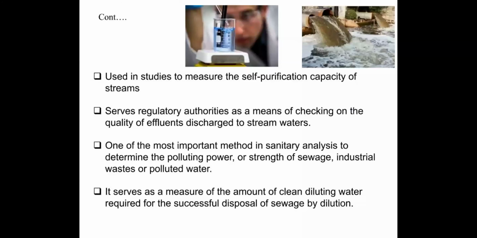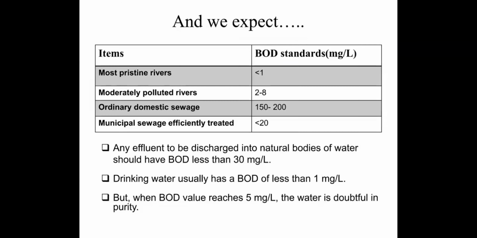Okay, then significance. That's enough. BOD standards: most pristine rivers less than 1, moderately polluted rivers 2 to 8, ordinary domestic sewage 150 to 200, municipal sewage efficiently treated less than 20.